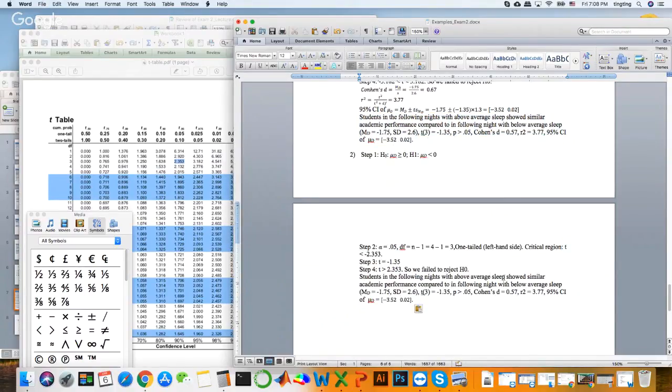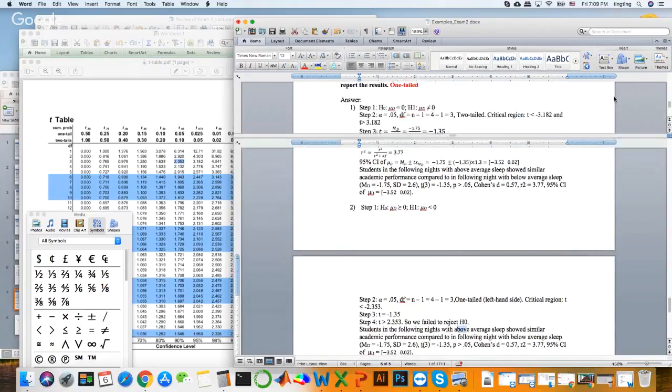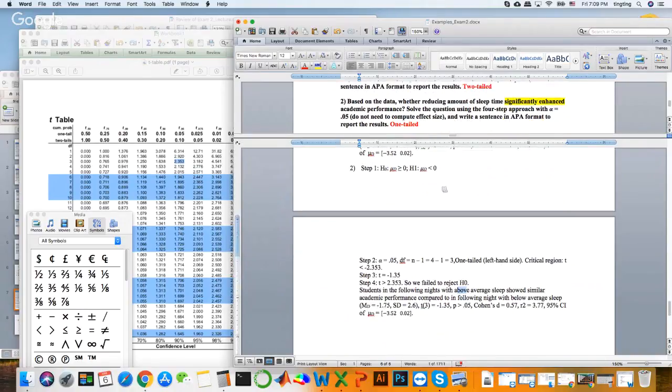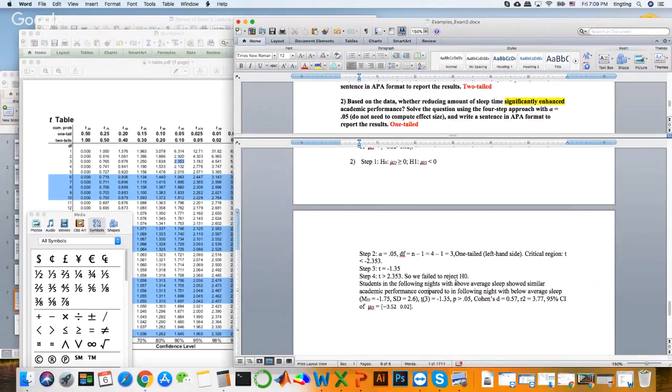The students, right, because our question is whether or not, let's see what your question is. With nights with below average sleep did not show enhanced academic performance, right?